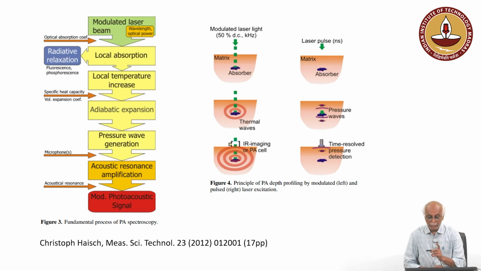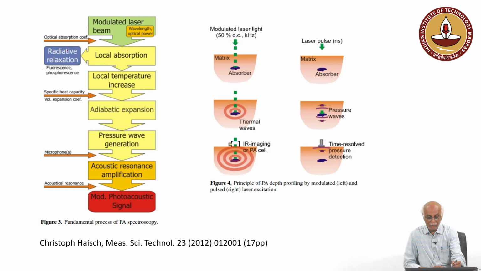Now, we will see next week that this light absorption may also result in some radiative relaxations, okay, maybe fluorescence, maybe phosphorescence, etc. At present we are not interested in this.